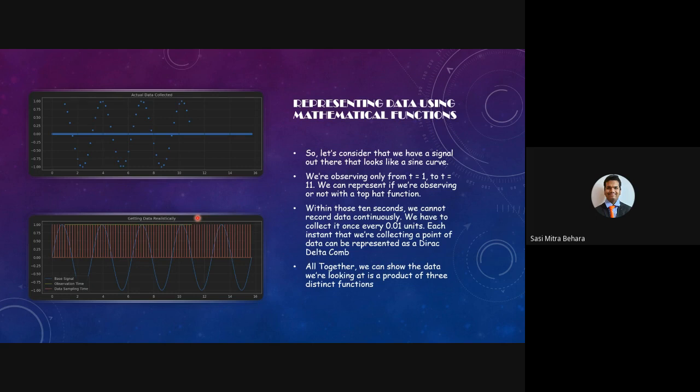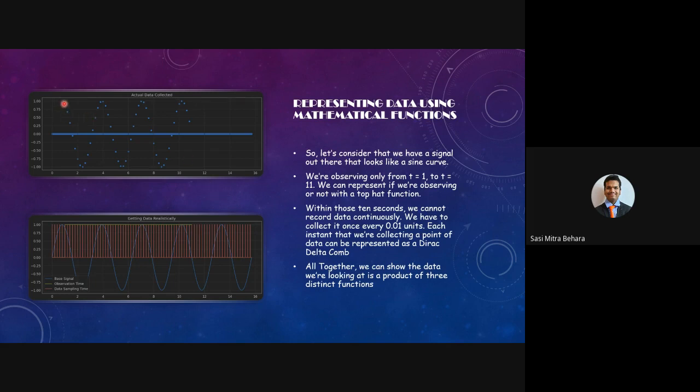Every instance that you are collecting a sample, you could put that up as a Dirac delta comb if you are collecting data evenly. The actual data collected ends up looking like this, just a bunch of points over which you are doing best fits. Obviously in realistic data you'll even have noise, but here we were ignoring the noise.